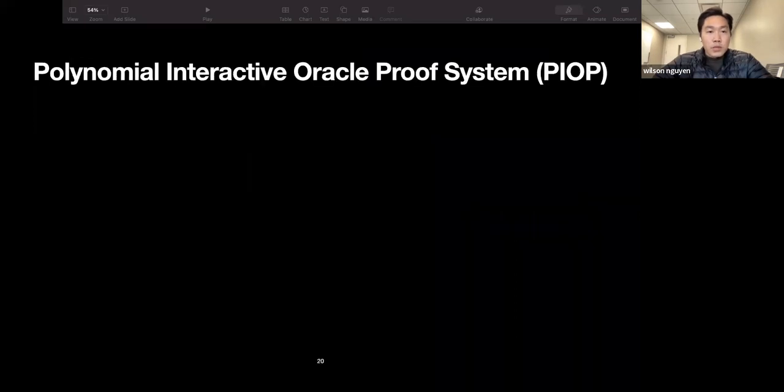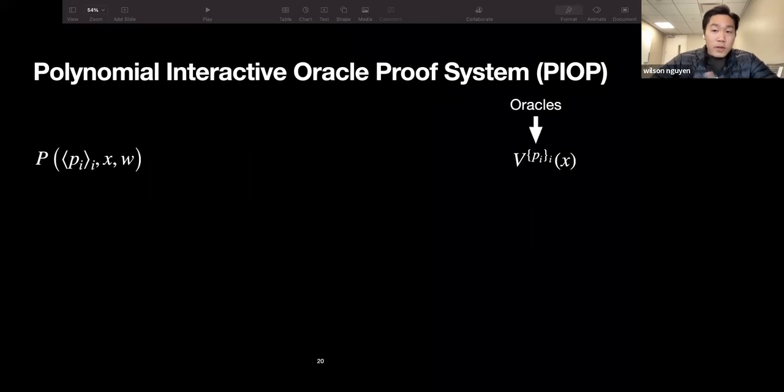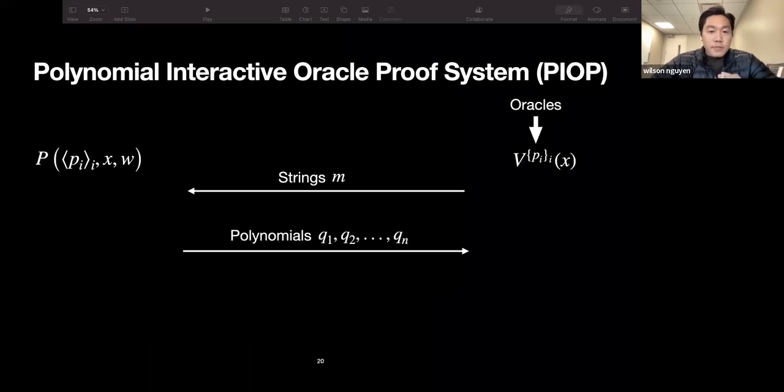So a polynomial interactive oracle proof system, or PIOP for short, is an interactive argument between two algorithms, a prover and a verifier, in which the verifier is given oracle access to polynomials pi, in which the prover has the plaintext representations of these polynomials, x and w, from some NP relation. The verifier sends over some strings m, and the prover is able to send over oracle polynomials q1 through qn.